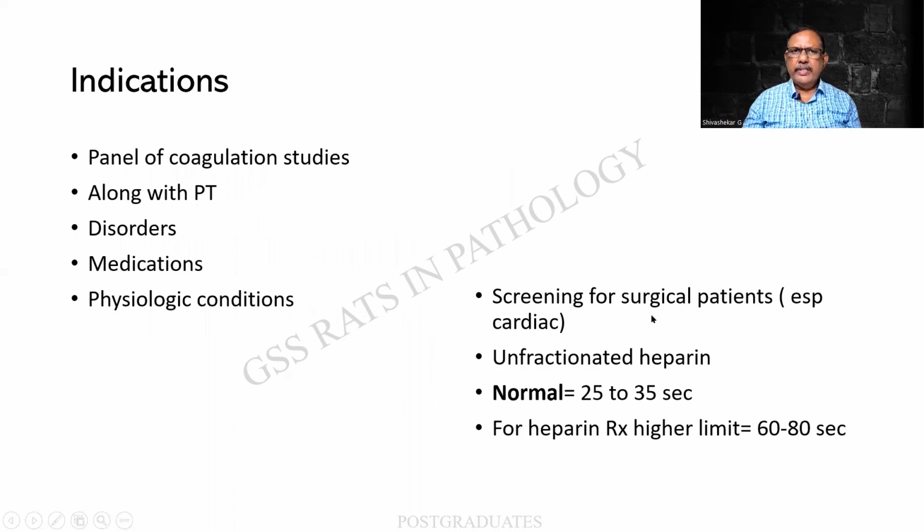Screening for surgical patients, particularly the cardiac patients, not necessary for all surgical patients. Those who are on unfractionated heparin, the normal value is given over here, 25 to 35 seconds. For a patient on heparin treatment, the higher limit can be up to 60 to 80 seconds.